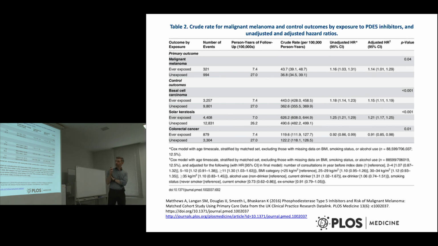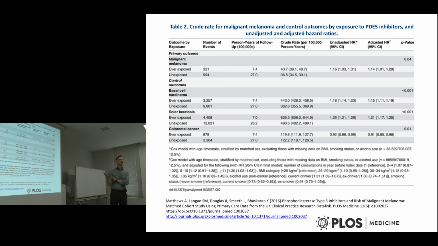So we looked at basal cell carcinoma, which would be another marker of potentially more sunlight exposure, but would not be a marker of something that would be causally related to a PDE5 inhibitor. So the mechanism would not have affected both types of skin cancer. And so here you've got also an increased risk of basal cell carcinoma amongst men taking PDE5 inhibitors, a 15% increased risk.